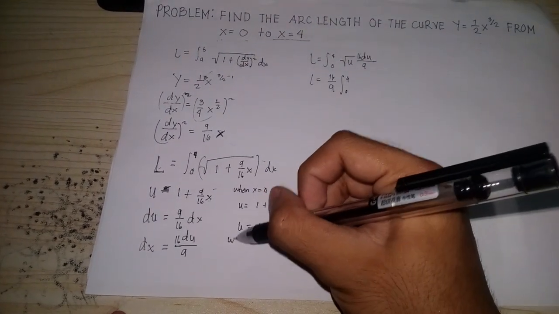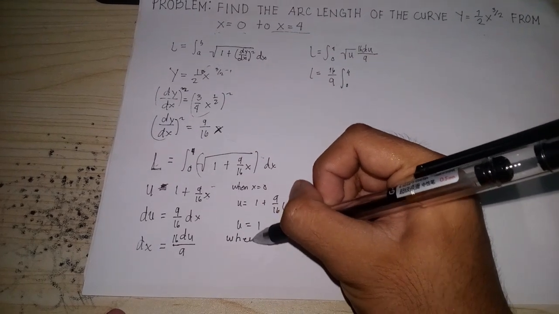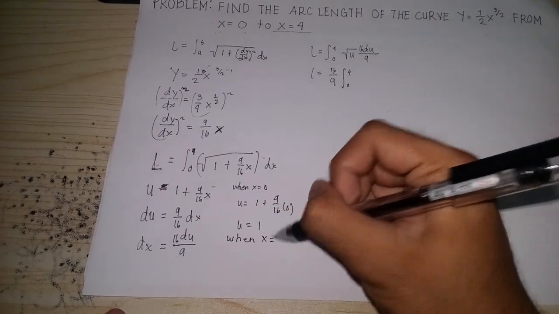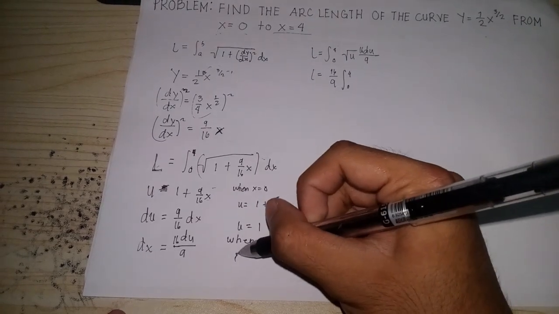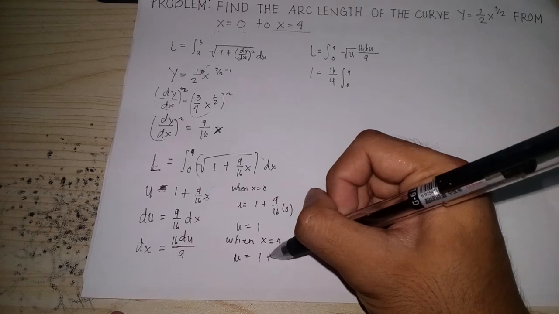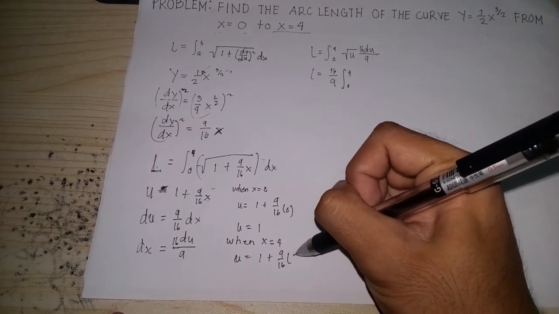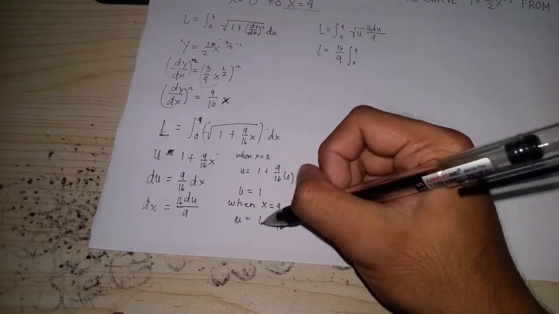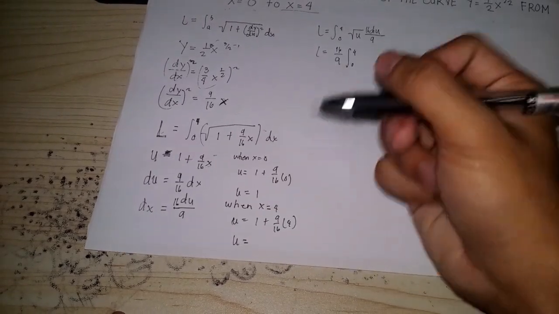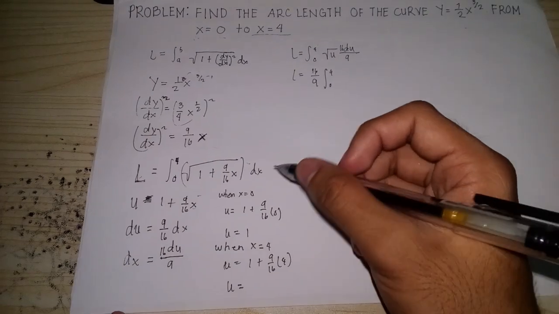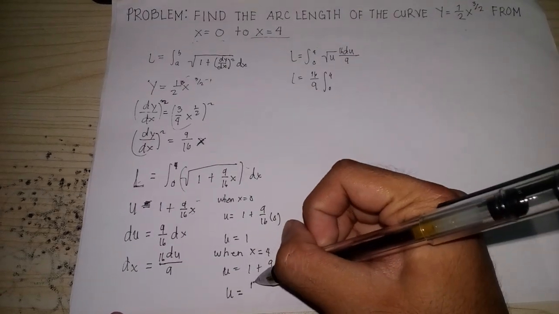Then when our x is 4, we substitute that here: 1 plus 9/16 times 4, then u, or our limit from b, will now become 13/4.